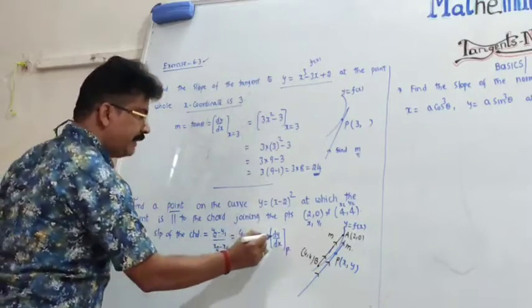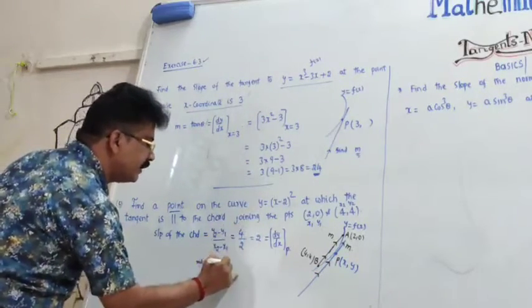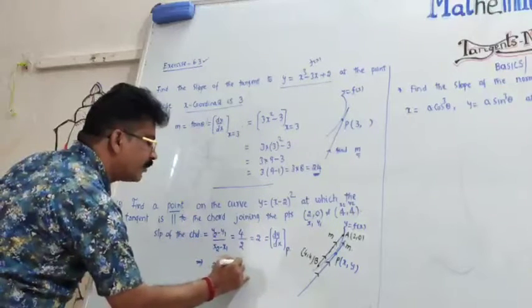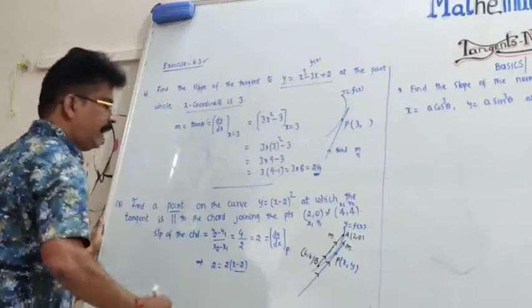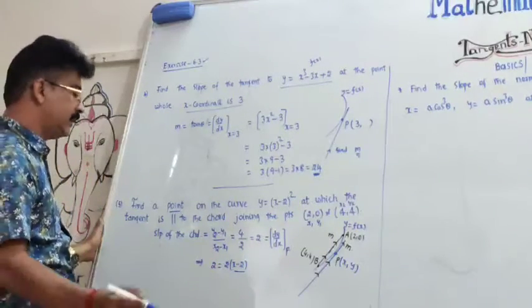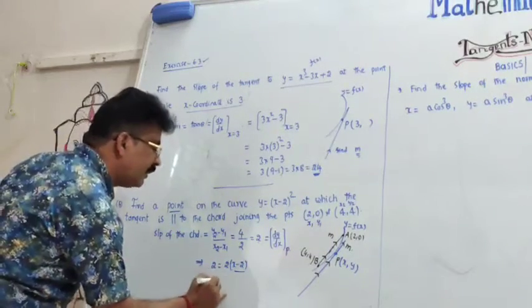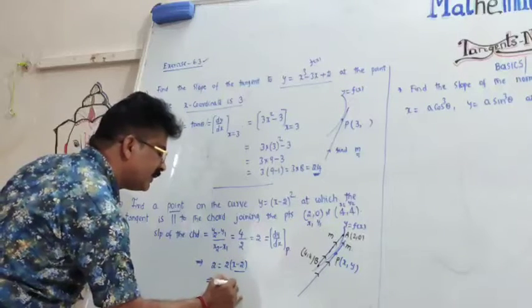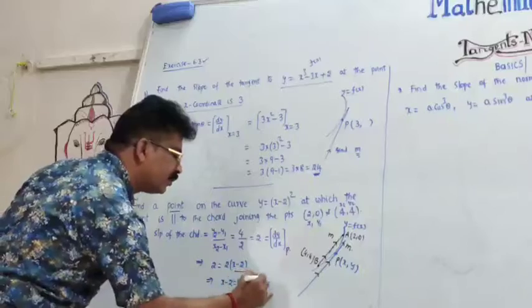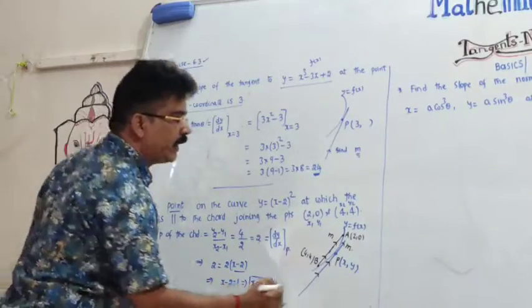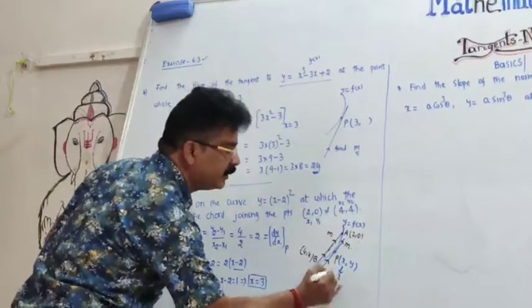So dy by dx means it's a differentiation. 2 into x minus 2 whole power 2 minus 1 into dy by dx of x minus 2, which is 1 minus 0, 1. Right. So 2 cancels. Then x minus 2 is equal to 1. Then x equals 3, 1 plus 2. X equals 3. Okay. We obtained x equal to 3.